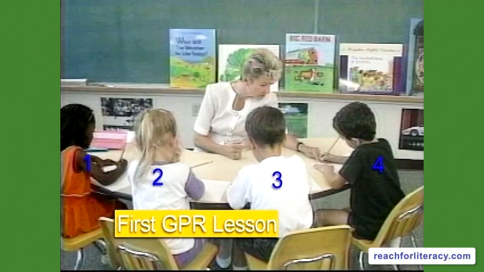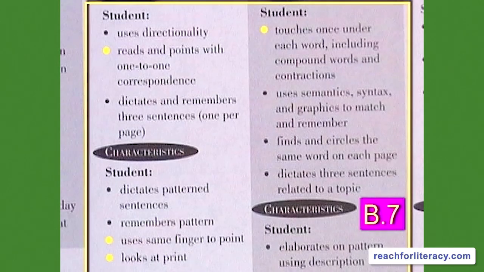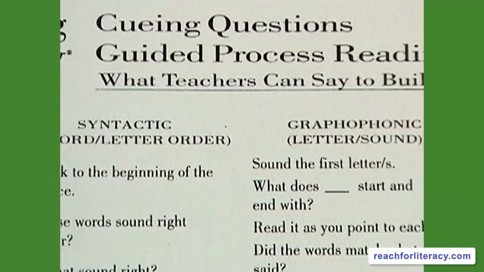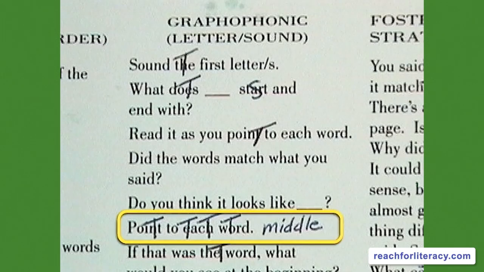Students 1 and 2 exhibited the highest level of print awareness and appear to be ready to process published books. Students 3 and 4 need to stabilize the teacher-made book descriptors in columns 2 and 3 before they begin published books. When students are appropriately staged, transfer improves and it becomes less necessary to repeat cueing question prompts.